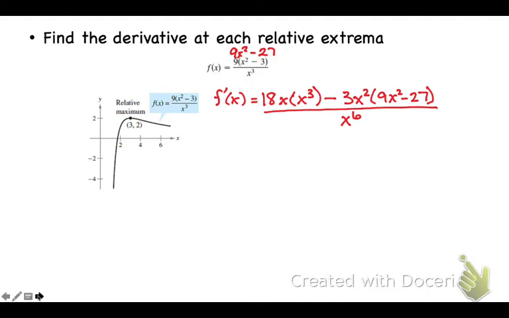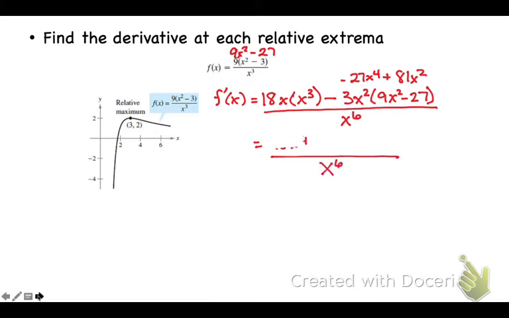So what do I get? 18x to the 4th, and over here I'm going to have negative 27x to the 4th plus 81x squared, over x to the 6th, but we could combine, couldn't we?